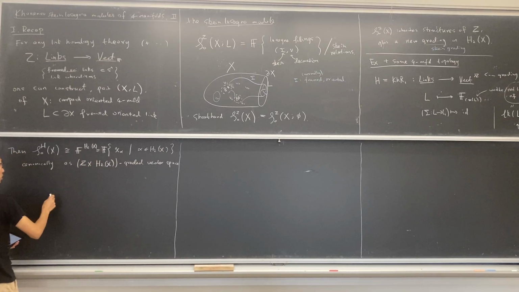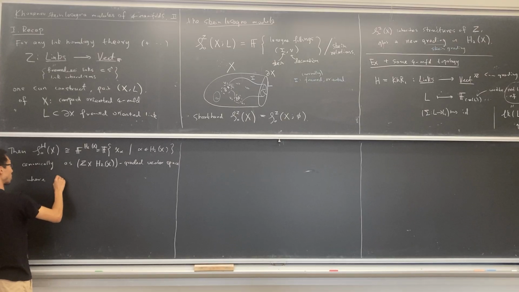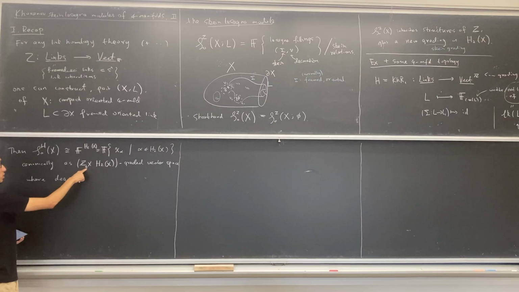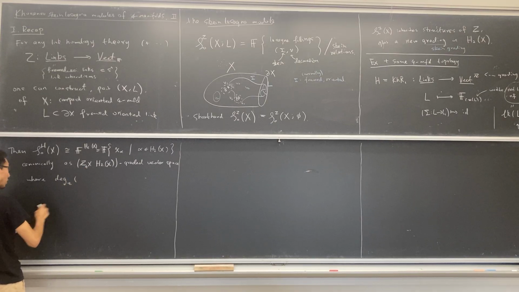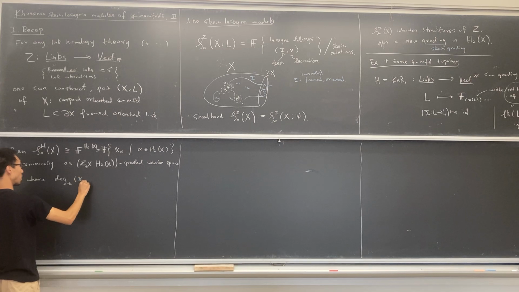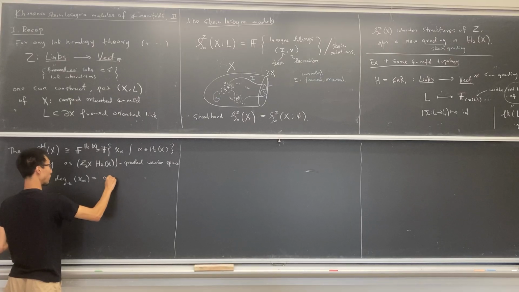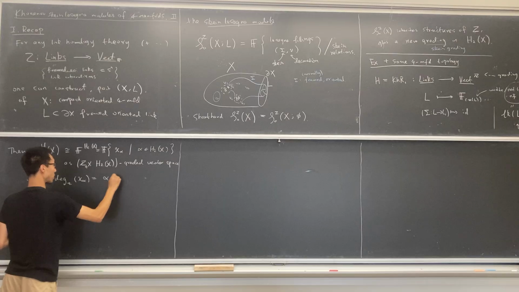The right-hand side, on the other hand, I just declare, I call this Z grading the t grading. I just declare my generator x alpha to be homogeneous with grading the self-intersection of alpha.